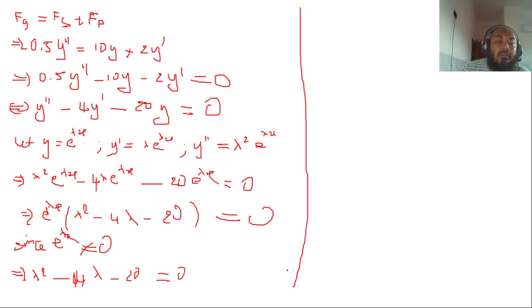Okay, then we have delta is equal to b square minus 4ac, so b is equal to minus 4, so minus 4 square minus 4 multiplied with 1 multiplied with c, minus 20.